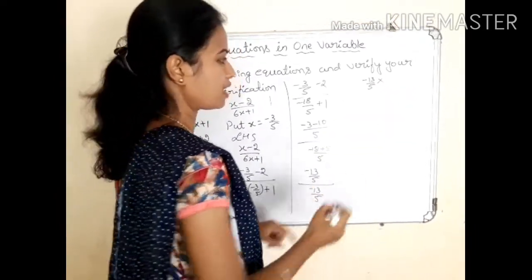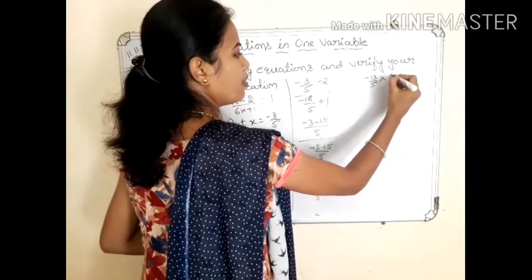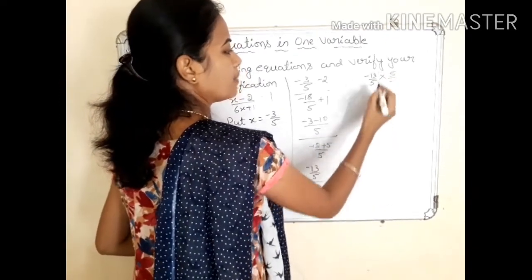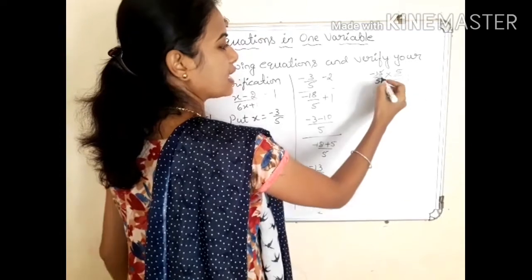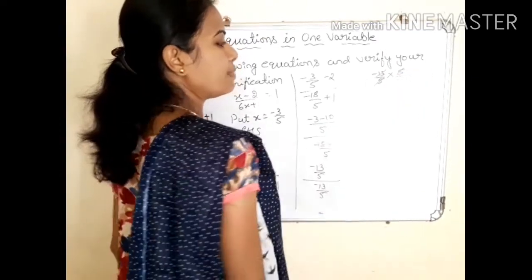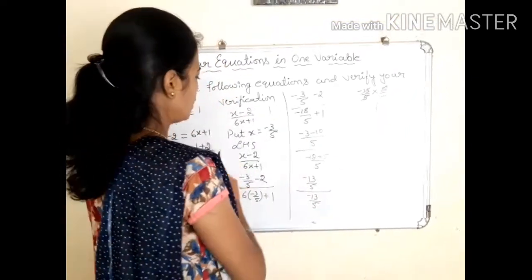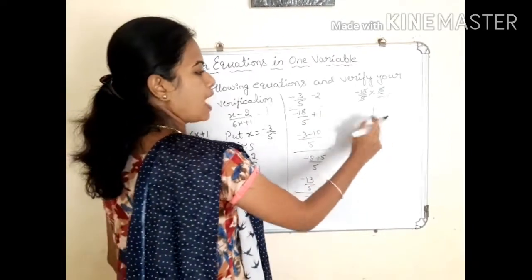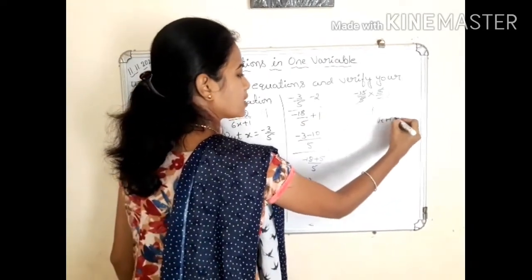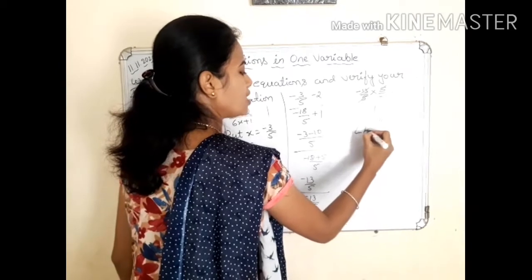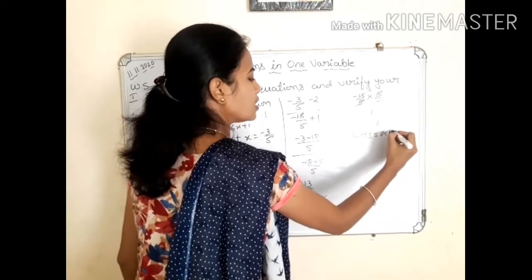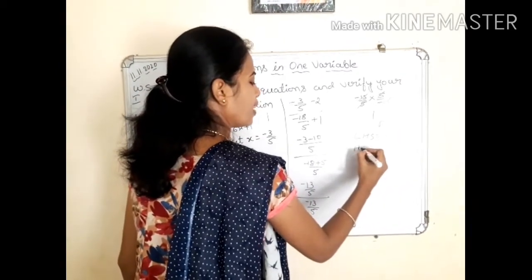Then minus 13 by 5, write as reciprocal, 5 by minus 13. Minus 13 get cancelled. 5 get cancelled. Remaining is 1. By taking LHS, we proved RHS. Here we got RHS. Then LHS is equal to RHS. Hence verified.